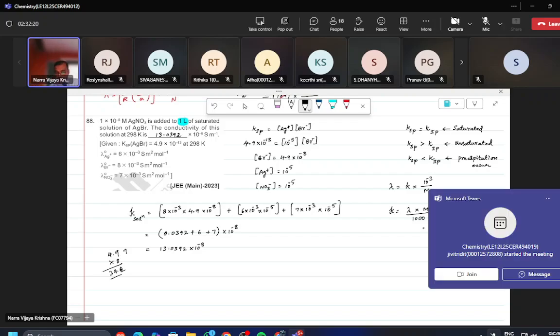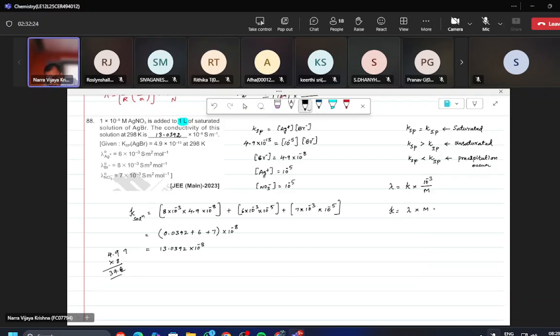So if it is 10 power minus 3 by molarity, into 1000, what will you get? So this whole thing into 10 cube. Then what is the answer? 13,039.2. That should be the answer.